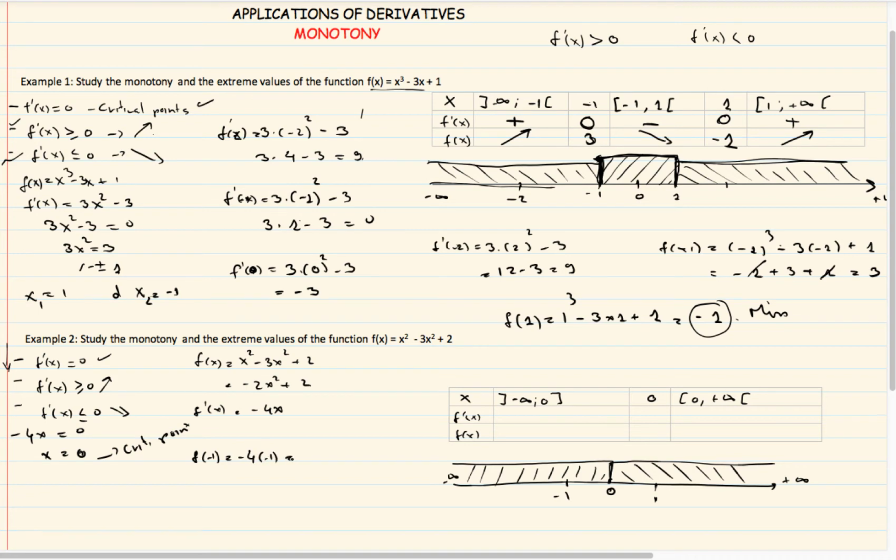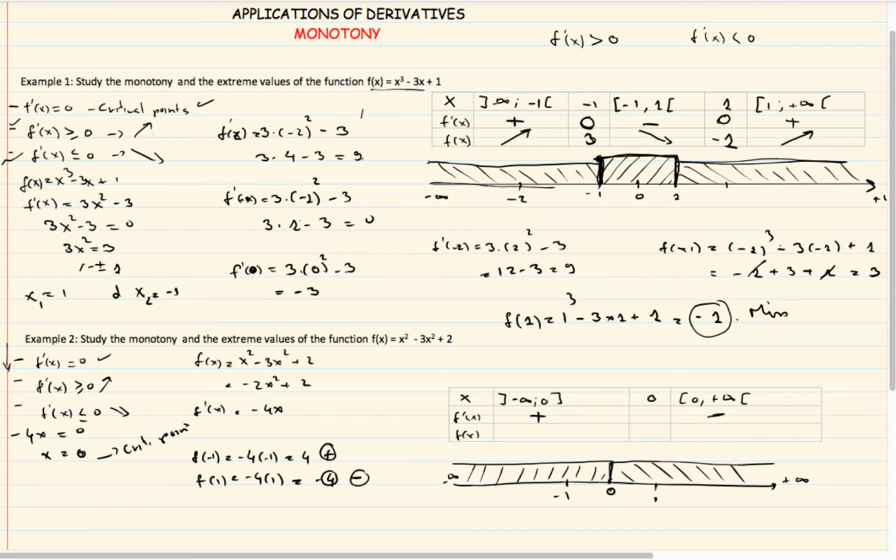This is equal to 4, and 4 is positive. And then I say this function is increasing. The second interval, I've chosen 1. So f dash of 1 is equal to minus 4 into 1. This is equal to minus 4. Minus 4 is negative, so the derivative is negative here.